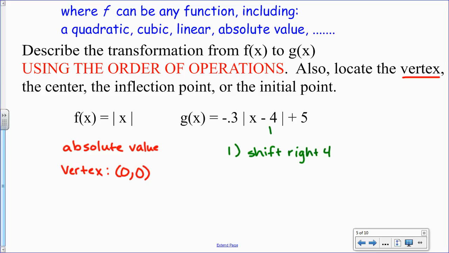Okay, good. Next step would be this what's out front. First thing we do is the negative. So remember, the negative is not necessarily part of that 0.3. So the negative out front means I reflect over x. Good.